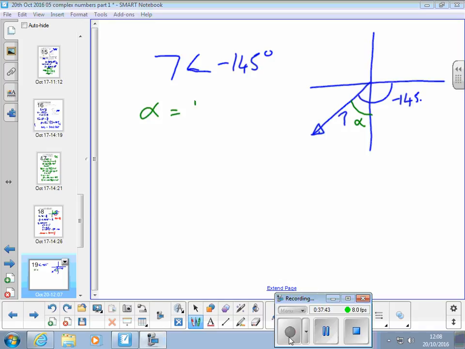Alpha is equal to 180 minus 145 plus 90 equals minus 55 degrees.